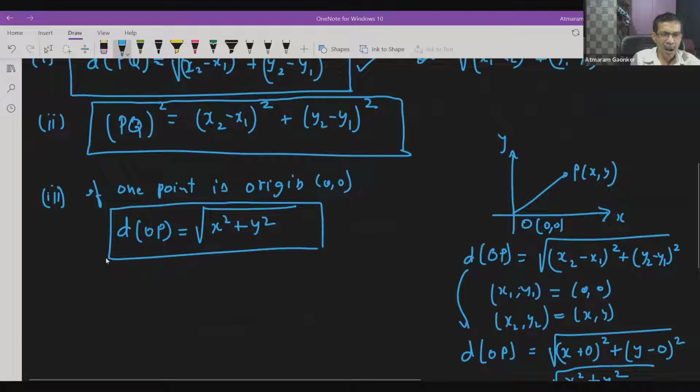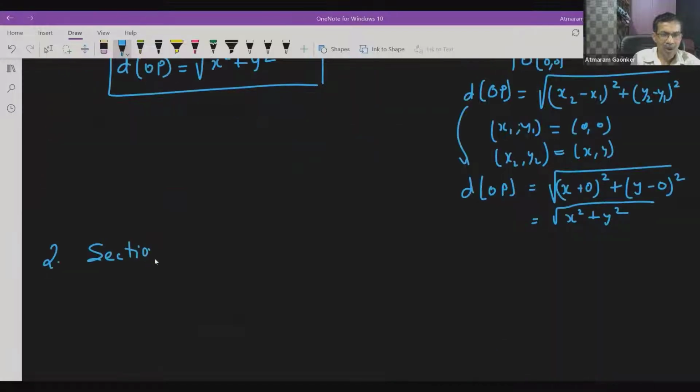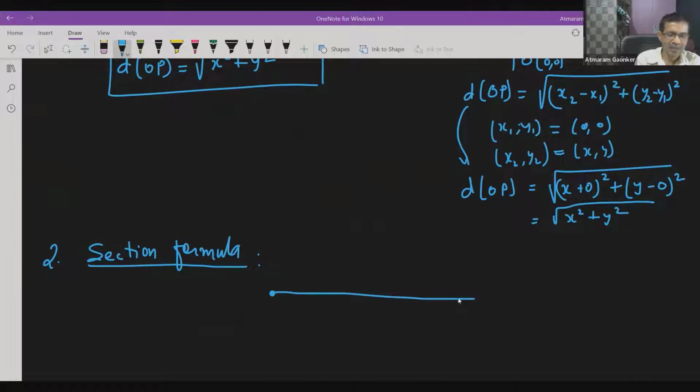The second formula is the section formula. Section means something that is dividing into parts. I will explain that here. Let's consider there is a line, and the extreme points of this line are A and B, and let point A be x1, y1, and let point B be x2, y2.